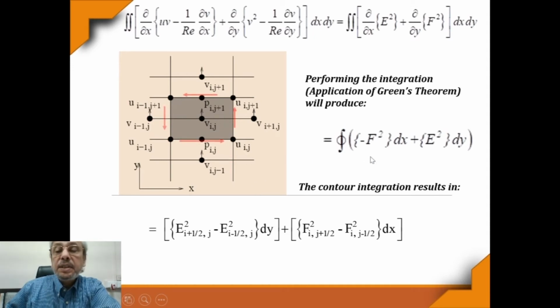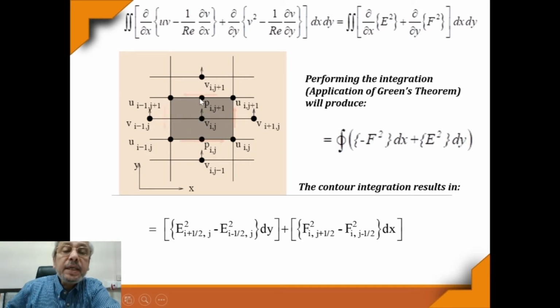Next term is F2. F2 is defined here and here. So this is F at i j plus half.